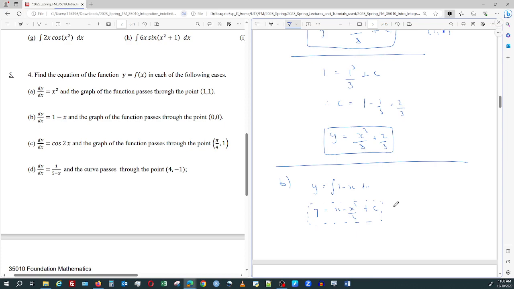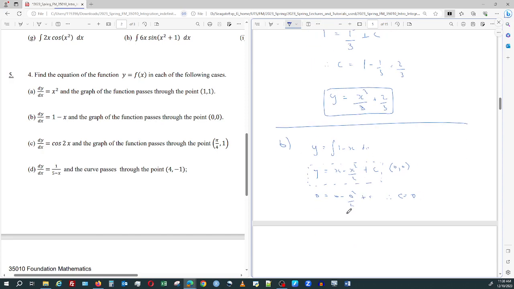Now we're told that x and y are 0. So if we put in 0 equals 0 minus 0 squared over 2 plus c, therefore c is equal to 0. So the final particular solution is just the part without c.